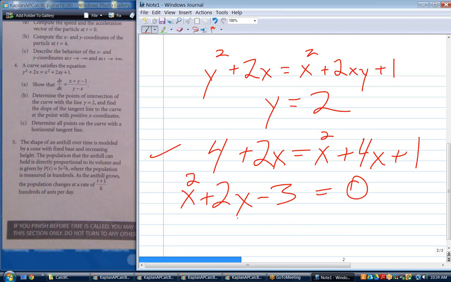Actually, you can factor this pretty easily. You could use the quadratic formula, and I'm not sure you're wrong in doing so. Okay, so x plus 3 times x minus 1.